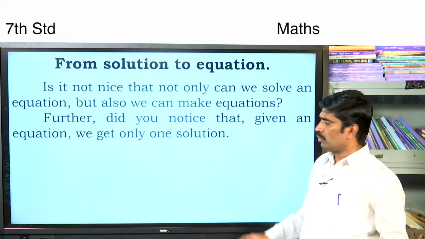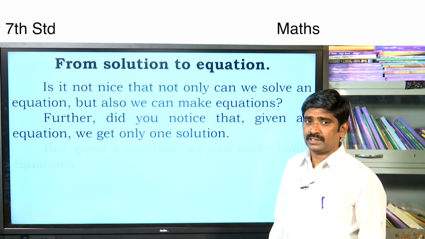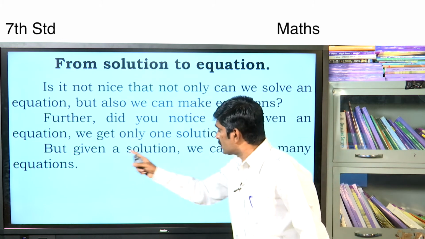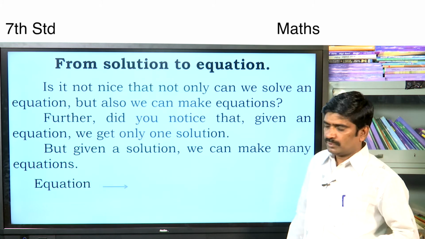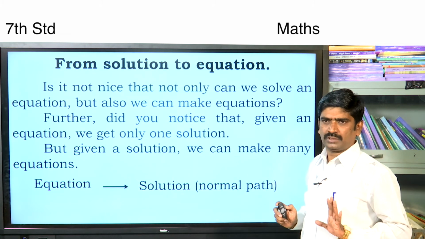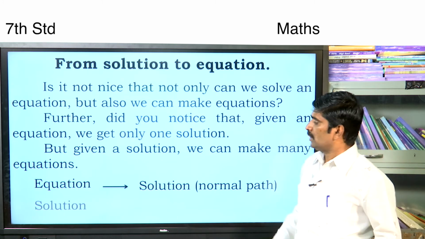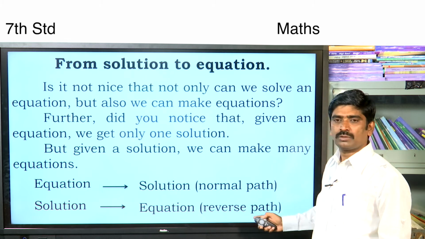Given one equation, we get only one solution. But given a solution, we can make many equations. Equations to solution is the normal path. But solutions to equation is the reverse path.